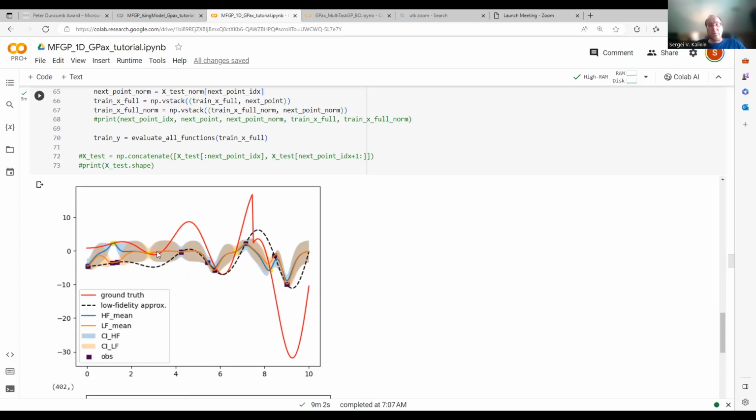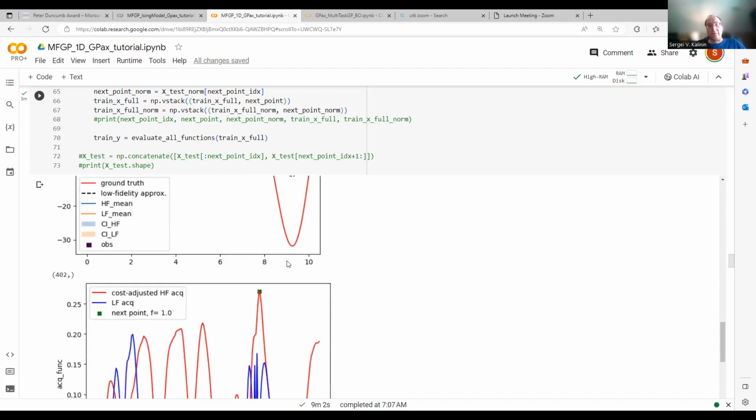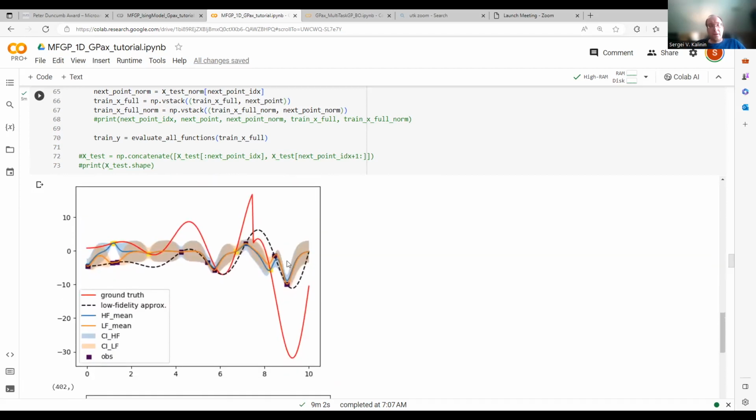So when you analyze the progression of the algorithm, you look at how close the high fidelity mean is to ground truth, how close the low fidelity mean is to the low fidelity ground truth, and what the uncertainty intervals for them are.